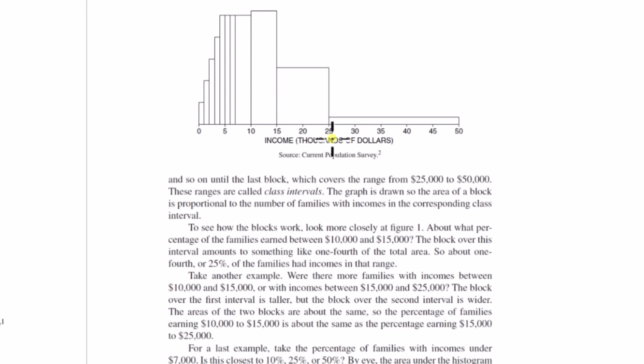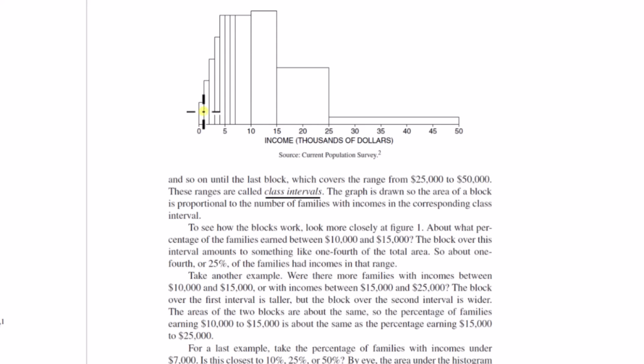Each block has a range, and as we talked about, the range of each block doesn't have to be equal. These ranges are called class intervals. The class interval is not the width of the block, it's the range. In other words, the range of this block is 0 to 1,000.